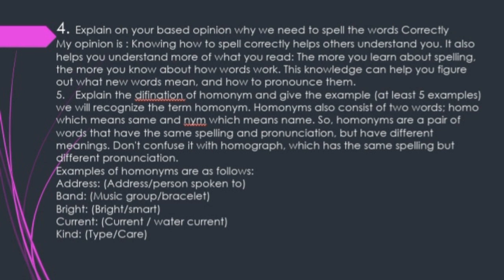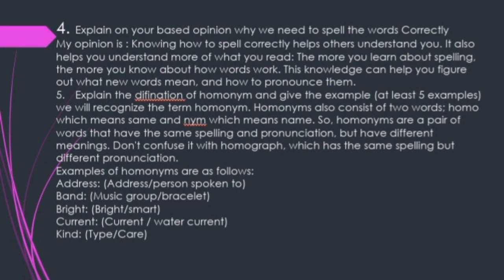Number 5. Explain the definition of homonym and give examples, at least 5 examples. We will recognize the term homonym. Homonym consists of 2 words, homo which means same and nym which means name. So, homonyms are a pair of words that have the same spelling and pronunciation but have different meanings.